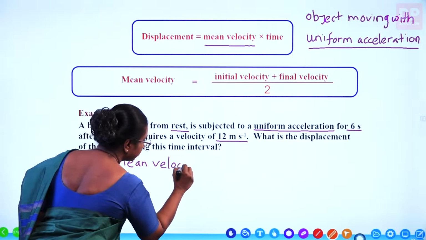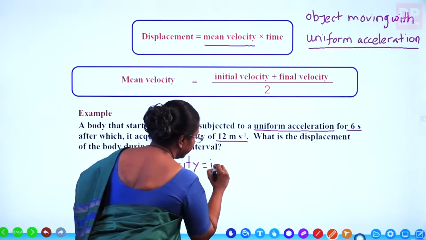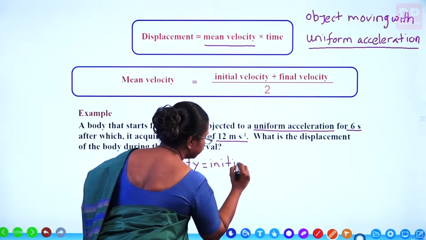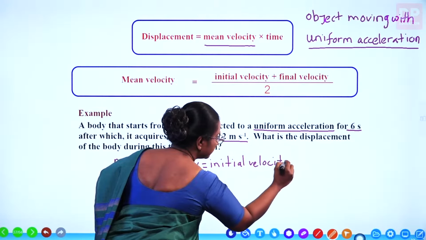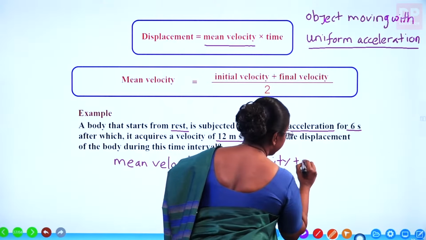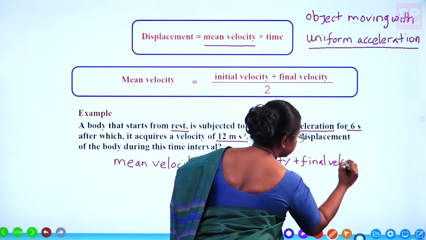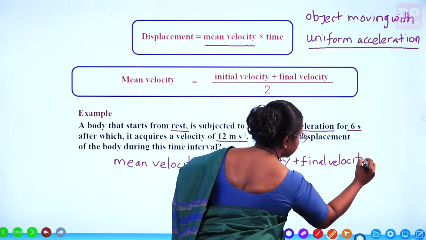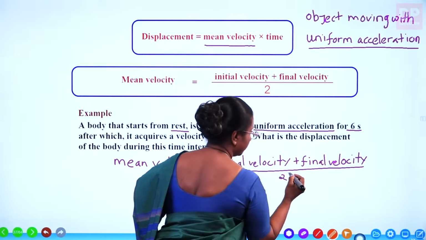Mean velocity is initial velocity plus final velocity divided by 2.